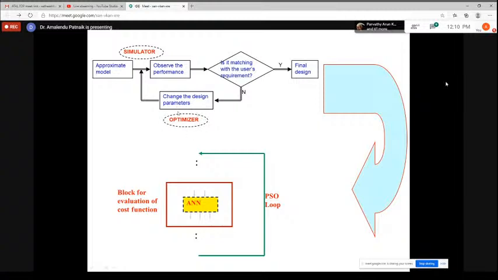And the role of this optimizer, where previously we were doing it by an arbitrary trial and error method, can be replaced by any of these meta-heuristic based optimizers. Here I have written PSO, particle swarm optimization, but any of these meta-heuristic based optimizers that we have studied can be used at that place.